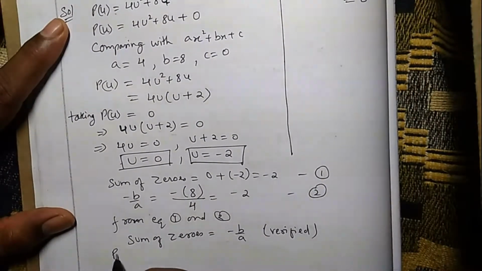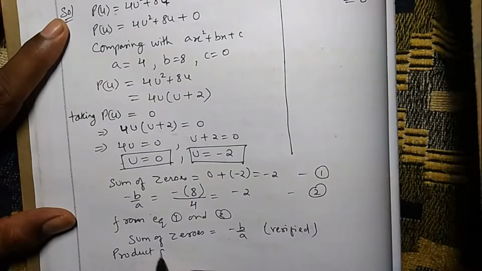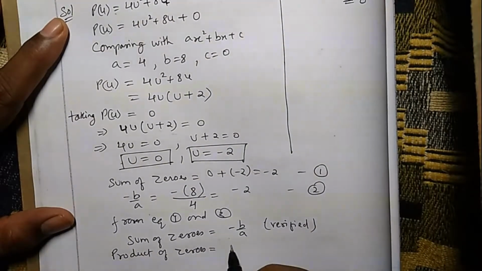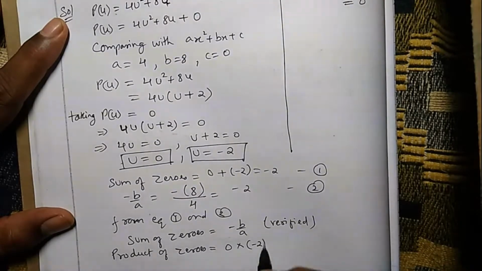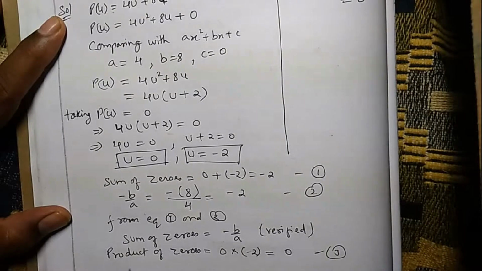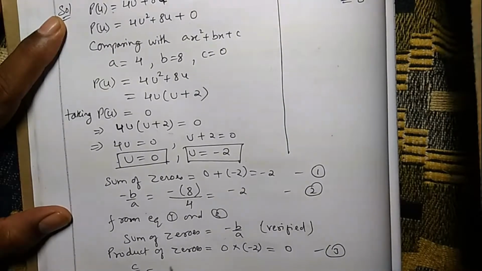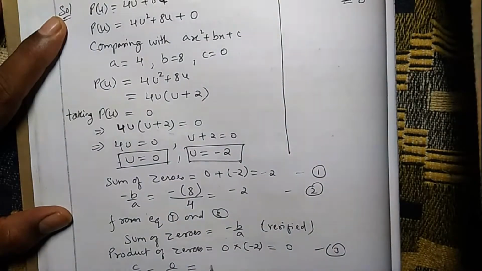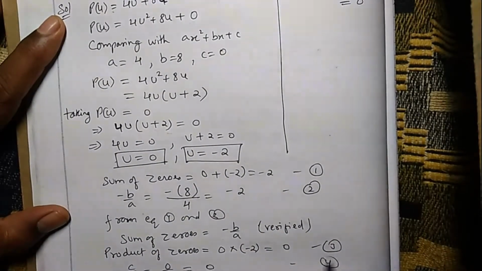Now product of zeros, 0 into -2, which is equal to 0. This will be the equation 3. Also c upon a equal to, as c is 0, 0 upon 4, which is equal to 0. This is equation 4.